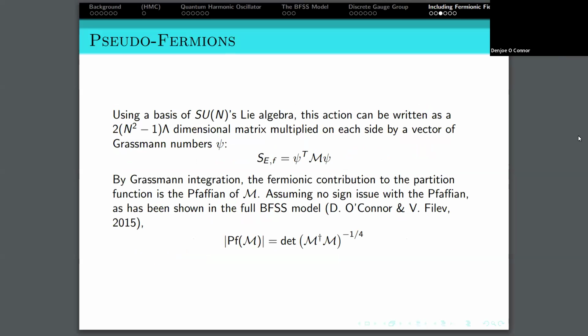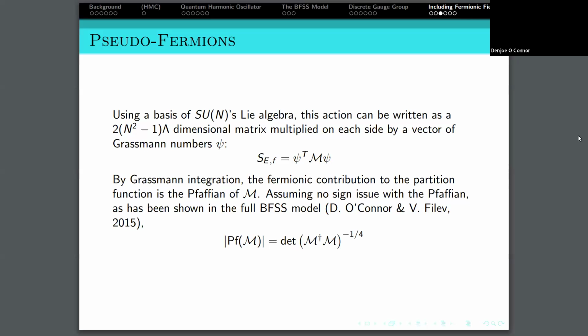Then if we use a basis of the SU(N) algebra, this action can be written in terms of a pretty big matrix, which is why the fermionic system is computationally expensive. So we have this 2(N²−1)λ² matrix multiplied on each side by a vector of Grassmann numbers.